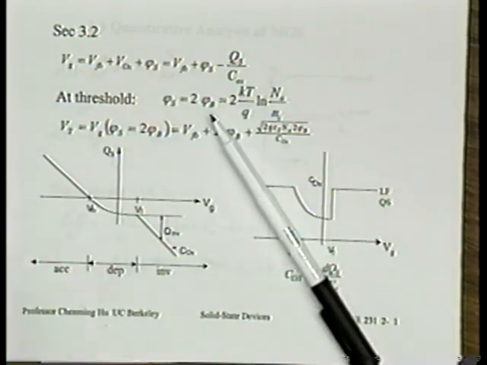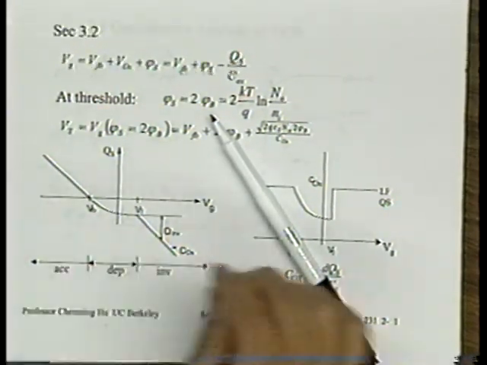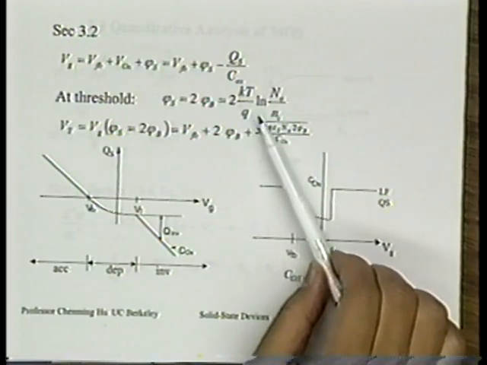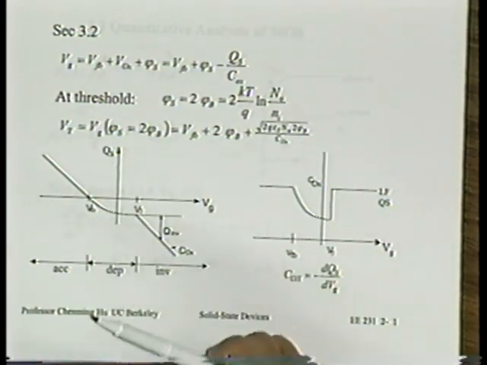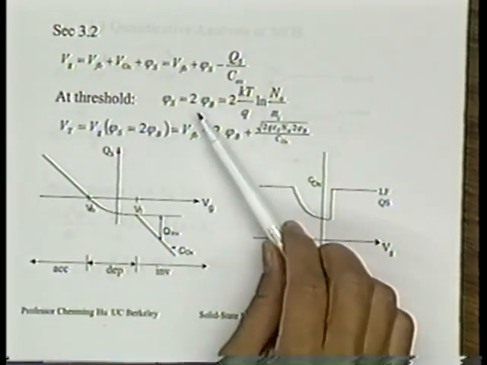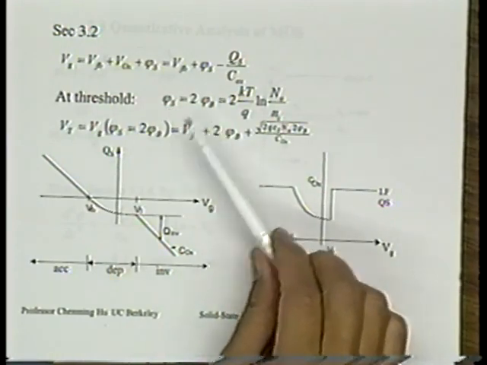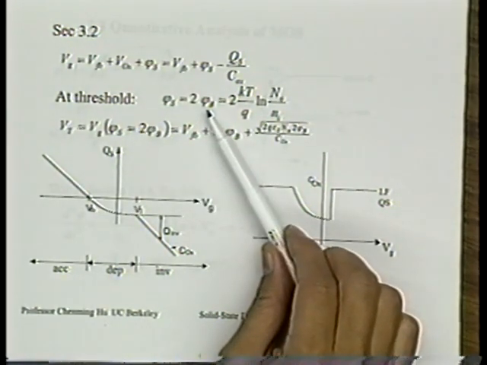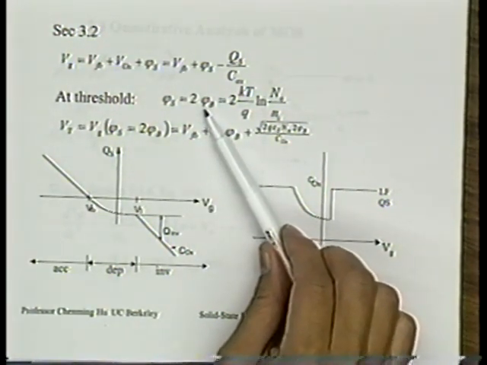we then review the definition of a threshold. That is the point when the surface potential is equal to 2 phi b, or 2 times kT over q log Na over Ni. Now, when phi s is equal to 2 phi b, what is the corresponding gate voltage?